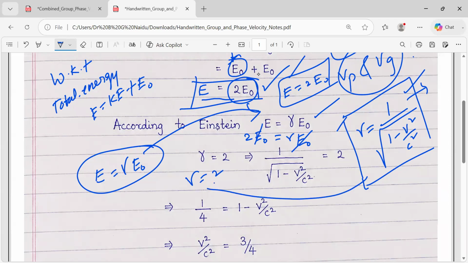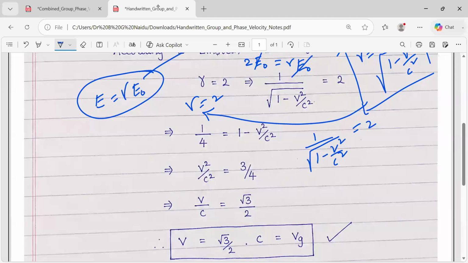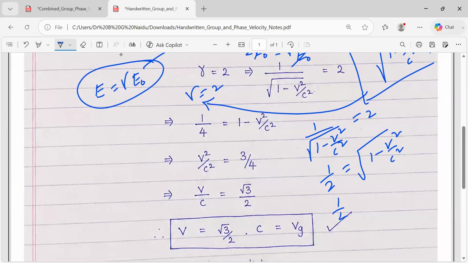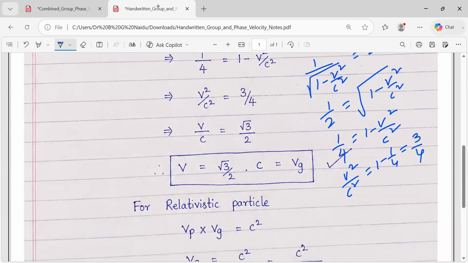So what is gamma? Gamma equals 1 by the square root of 1 minus v²/c², which equals 2. So 1 by 2 equals the square root of 1 minus v²/c². Squaring both sides, 1 by 4 equals 1 minus v²/c². Taking v²/c² to the left side, v²/c² equals 1 minus 1 by 4, which becomes 3 by 4.